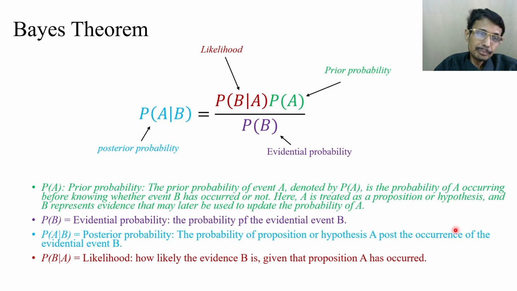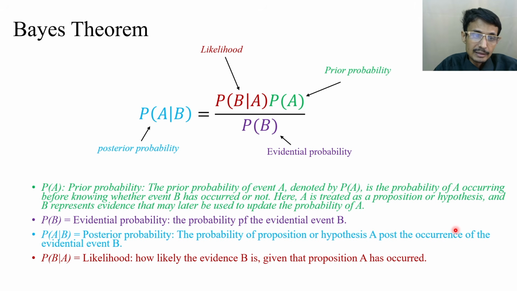Next comes the probability of B, that is the evidential probability, the probability of the evidential event B. Then P of A given B is called the posterior probability. What is the probability of the proposition or hypothesis A after the occurrence of the evidence event B?